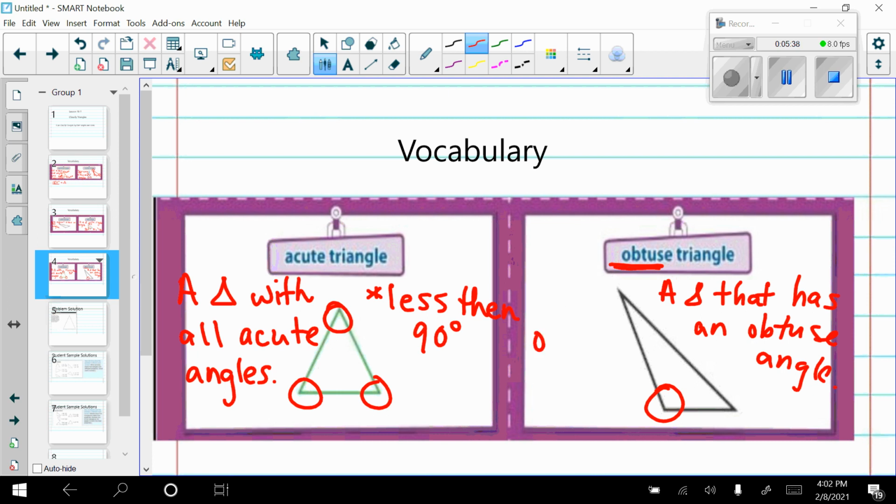Obtuse is more than 90 degrees. That means this angle here, right here, is 91 degrees or more. So make sure you've written down both of those vocabulary words. Push pause and then push play when you're ready to continue.